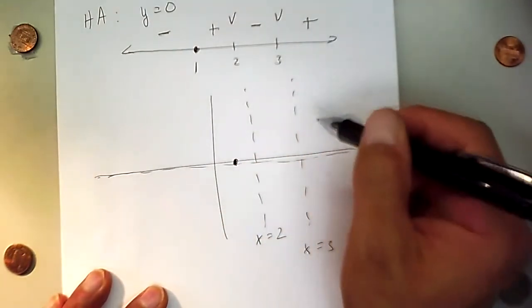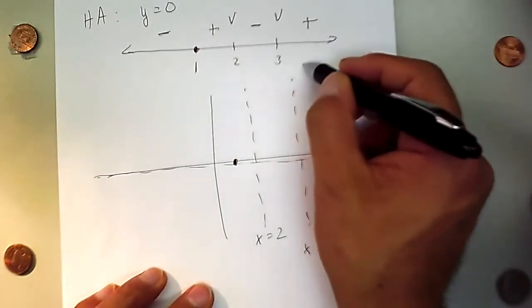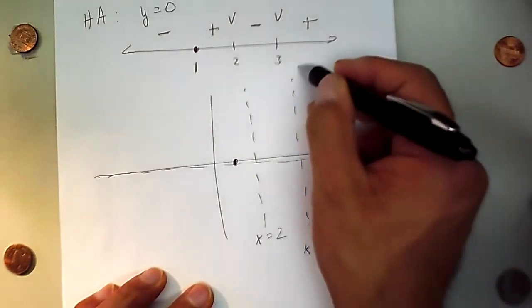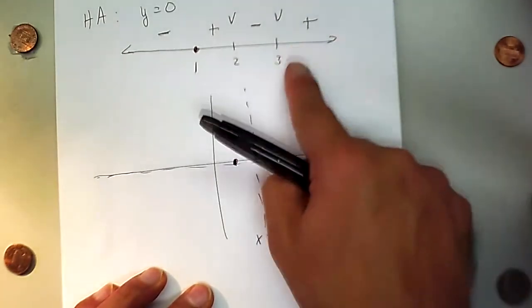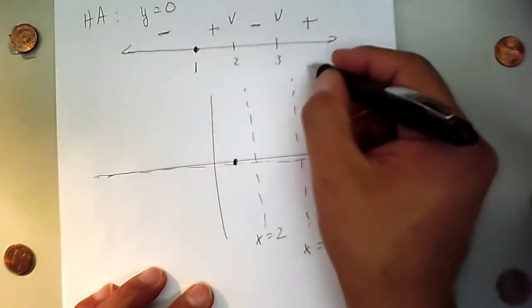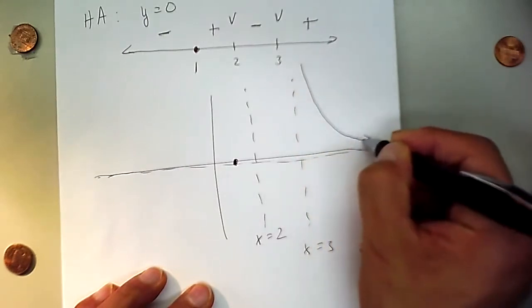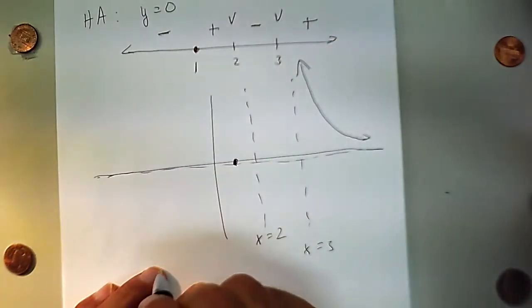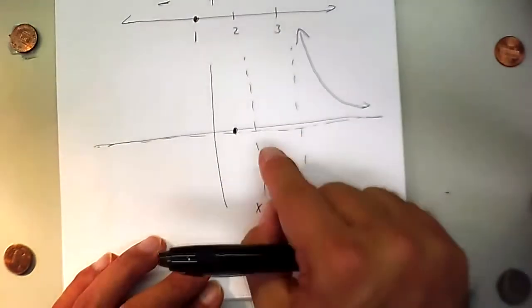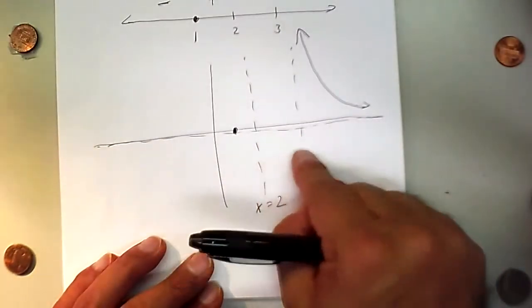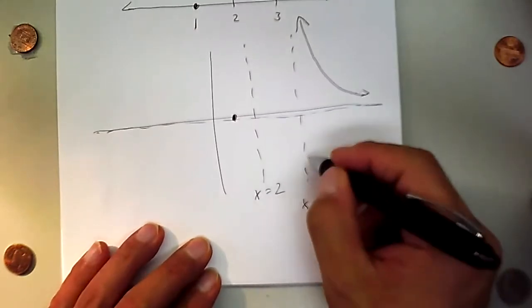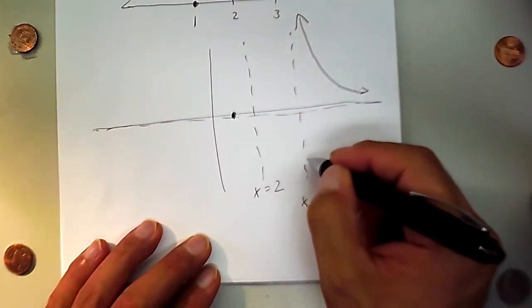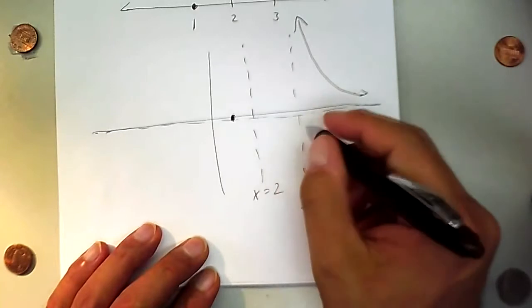So there's going to be branches. The graph is going to be positive here, and the only way you can have a positive function with this vertical asymptote and that horizontal asymptote is by doing this. Between those two asymptotes, the graph is going to be negative. Each one of these is called a branch.